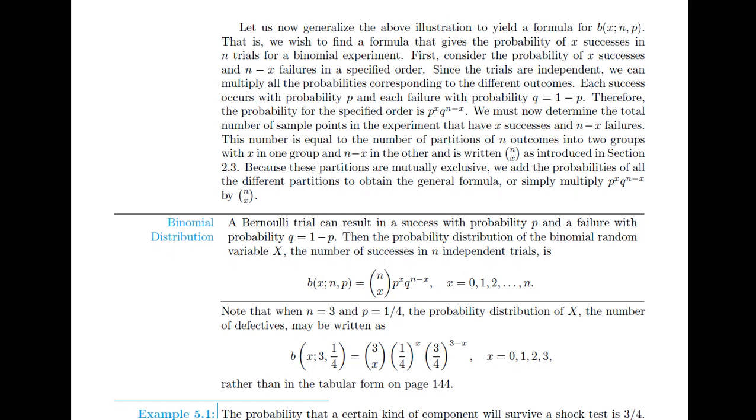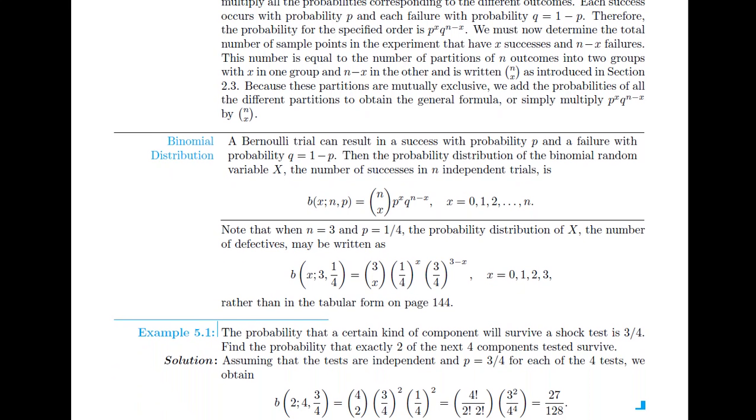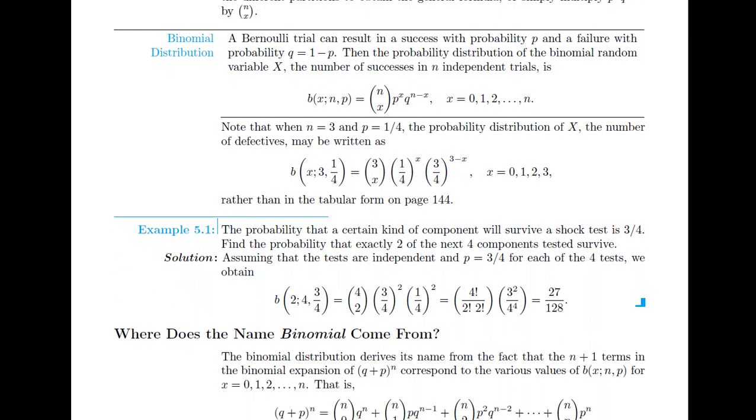Because these partitions are mutually exclusive, we add the probabilities of all the different partitions to obtain the general formula, or simply multiply p to the power x times q to the power n minus x by n choose x. The binomial distribution: a Bernoulli trial can result in a success with probability p and a failure with probability q equal to 1 minus p.